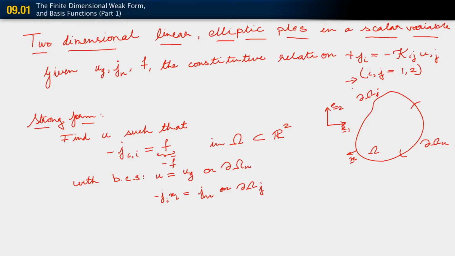Okay, I'll go ahead and write the weak form, and I will in fact write the finite dimensional weak form, right? Essentially skipping a step here.